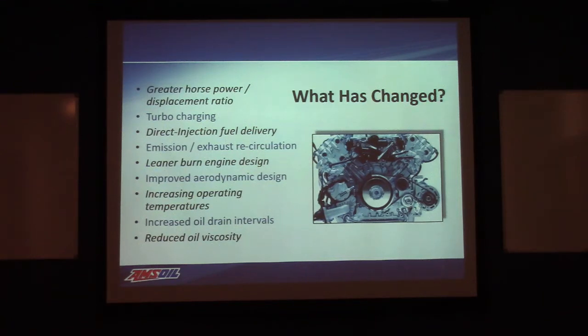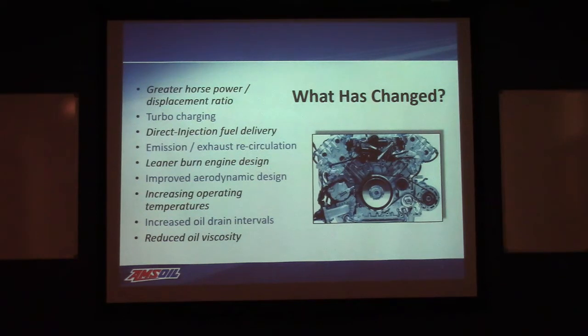Nowadays, very small frontal areas, very small openings to minimize the air that's passing through or underneath the car itself. Again, this is all increasing operating temperatures within the components of the vehicle.